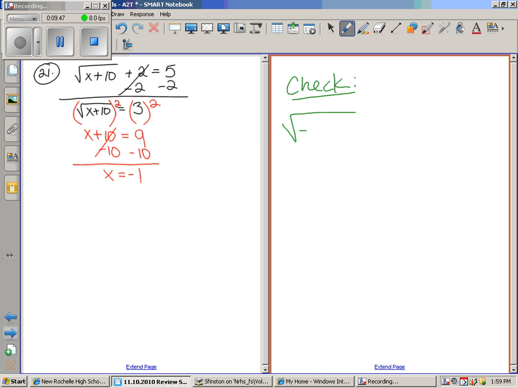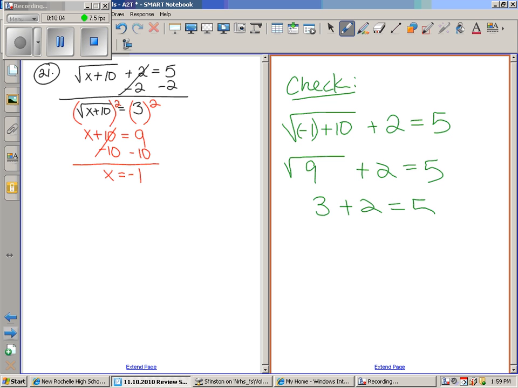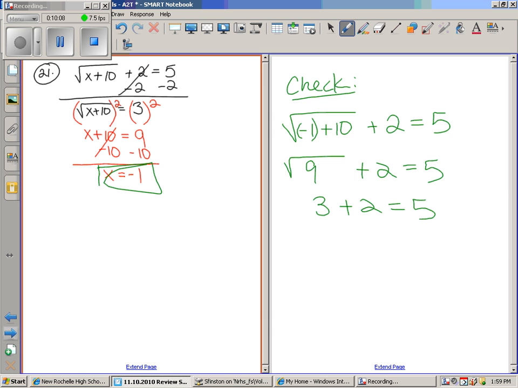We're going to plug it in and make sure it checks out. So this is going to be 9 plus 2 equals 5. The square root of 9 is 3. 3 plus 2 is 5. That's our answer right there.